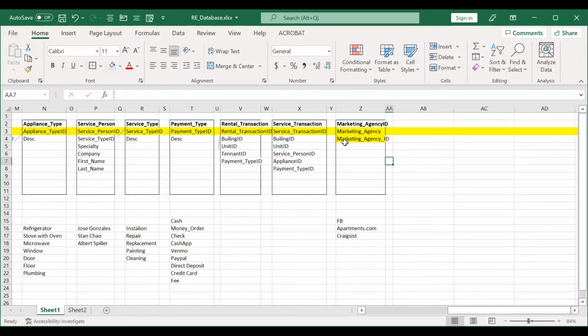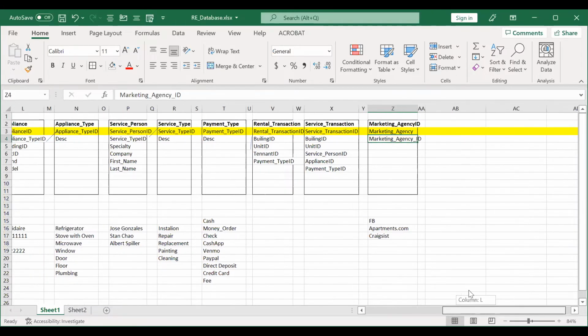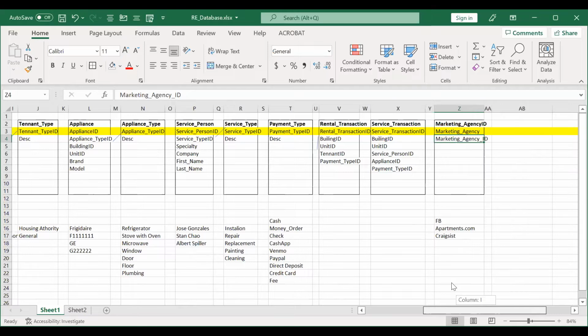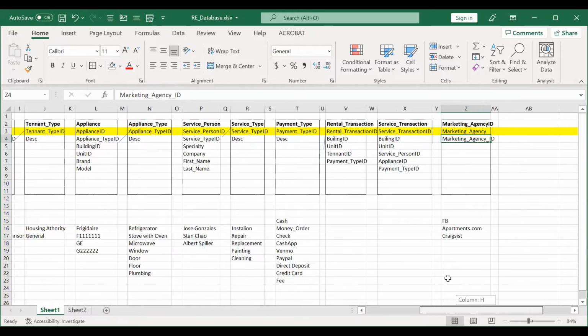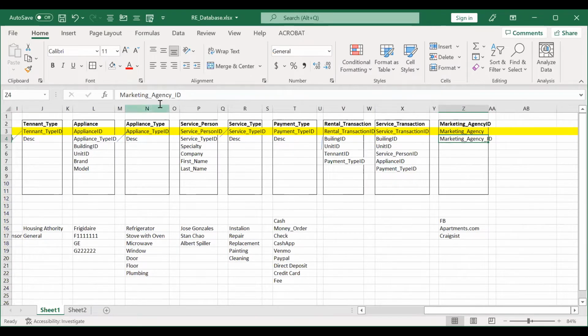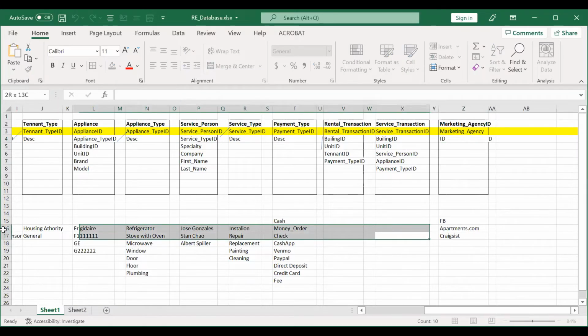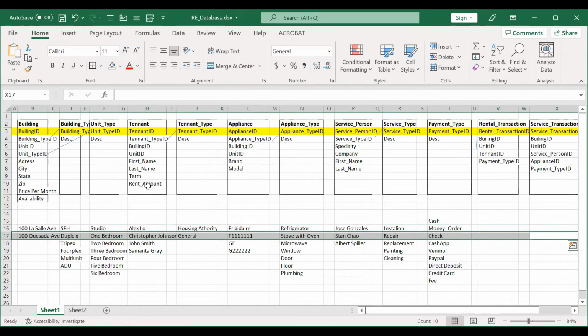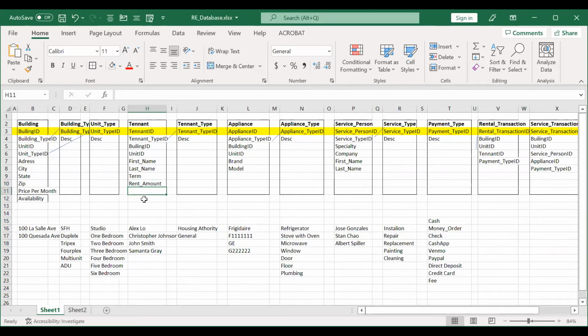To building. Each building relates to the marketing agency, or each unit, or each tenant. I think it's the tenant that we need to relate, right? I think the tenant came from an agency. That's why the tenant should be here. It should be like this.